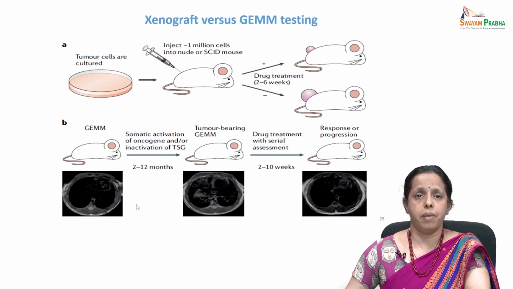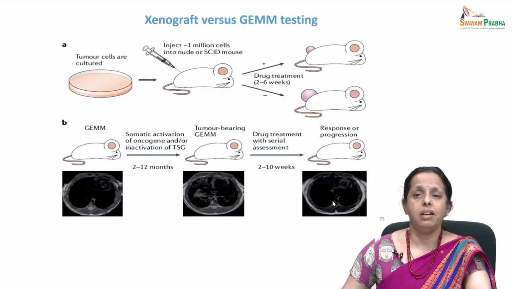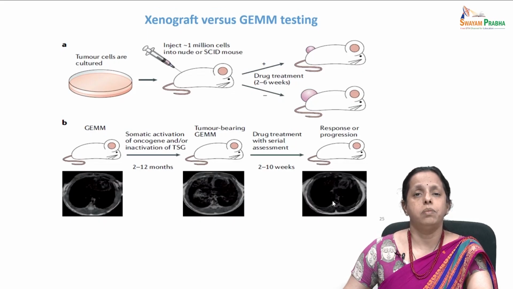These are the MRI scans generated from the lung cancer. So, GEMs show the initial development of the tumors followed by a rapid response, which means they are responding to the orally administered small molecule kinase inhibitor.